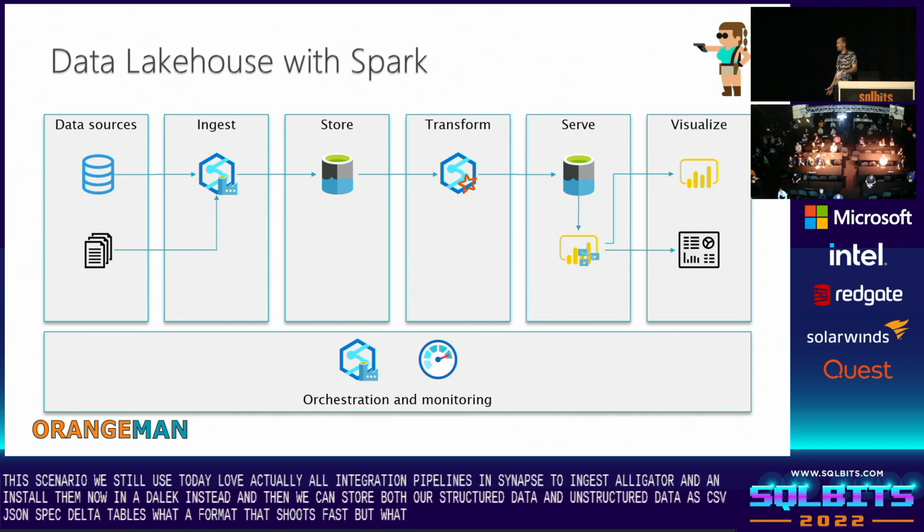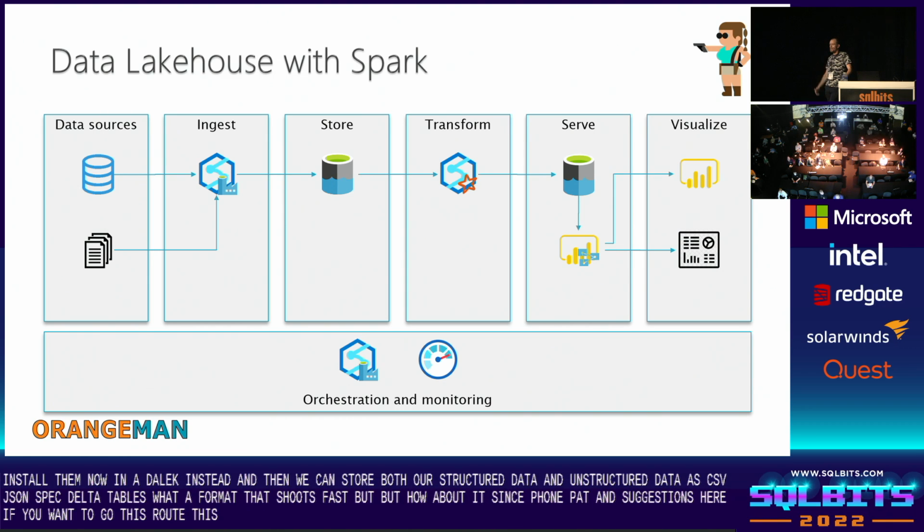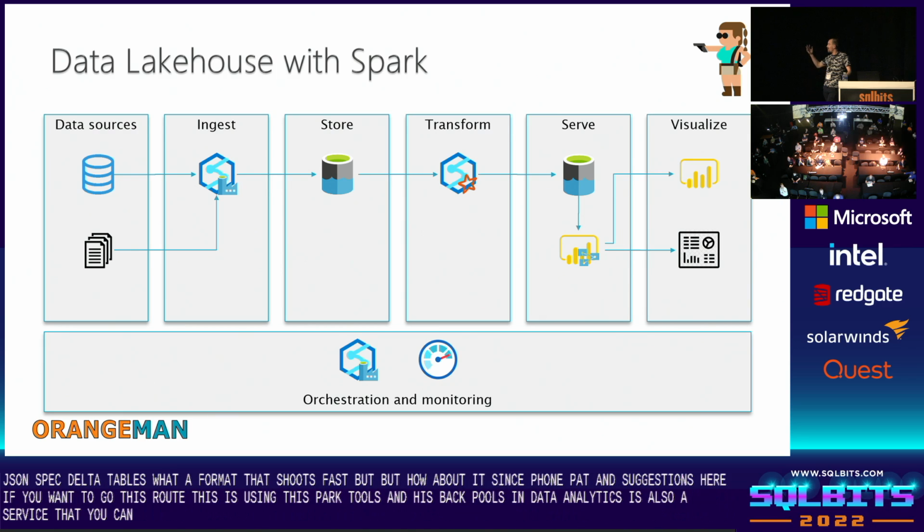But how about the transform part? My suggestion here, if you want to go this route, is using the Spark pools. The Spark pools in Synapse Analytics are also a service that you can scale up and scale down, and you can actually turn that service off completely.